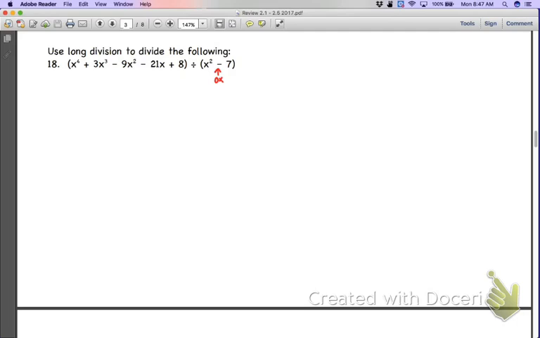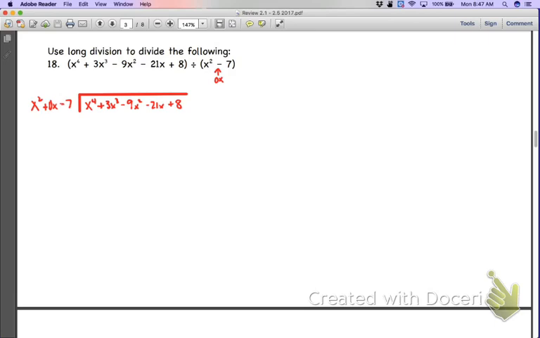So whenever we do division, I'm going to have x to the fourth plus 3x to the third minus 9x squared minus 21x plus 8. So whenever we divide, I'm going to have x squared plus 0x minus 7.